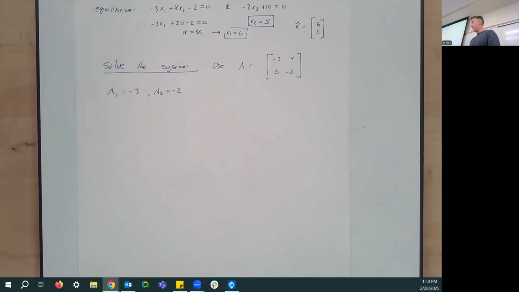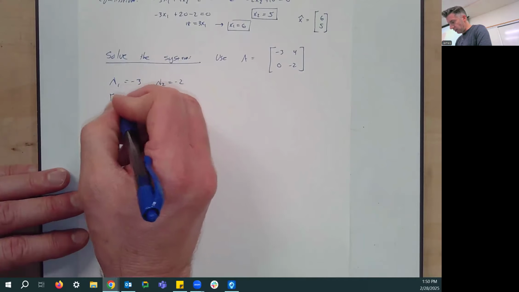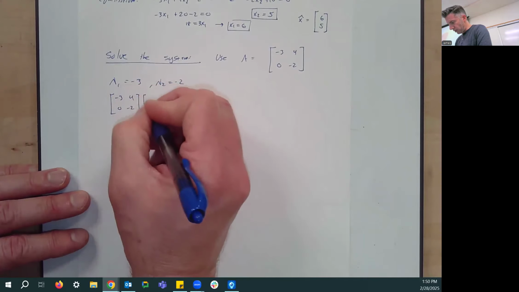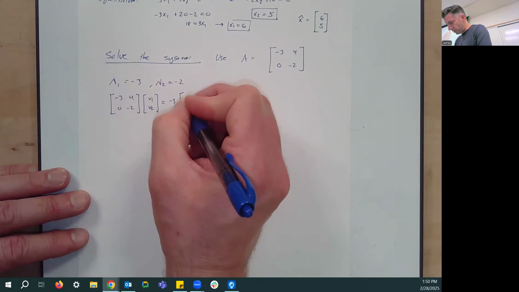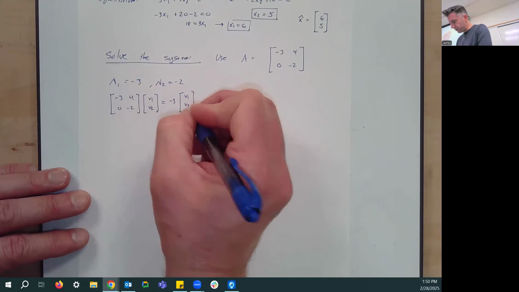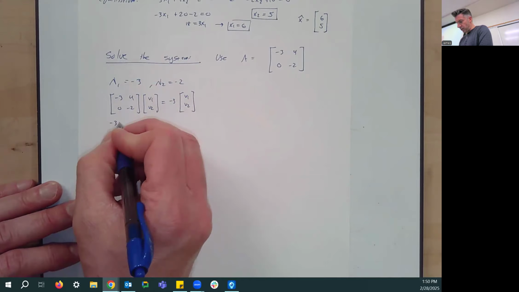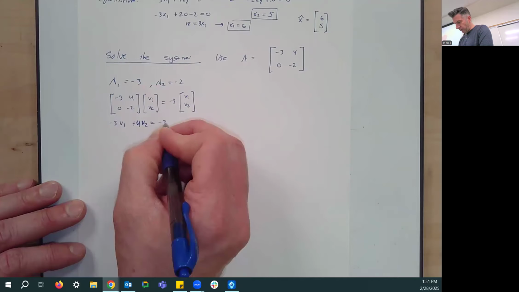Let's find the eigenvectors. So -3, 4, 0, -2 times your first eigenvector is going to equal -3 times that same first eigenvector. Looking at the first equation, we get -3 times V1 plus 4 times V2 equal to -3 times V1.